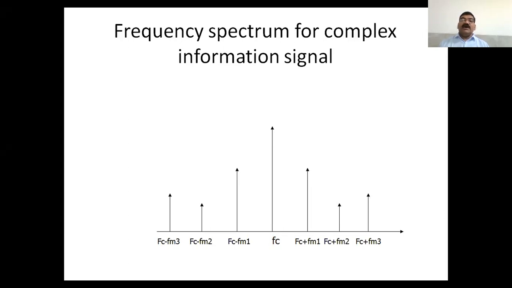Fm3 has a better modulation index, and almost approaching 1 is the modulation index of Fm1. So the voltage also depends on the formula, that is, on the modulation index.